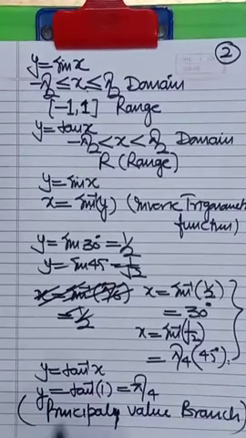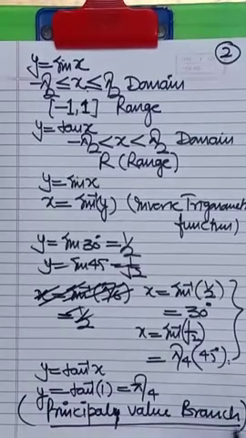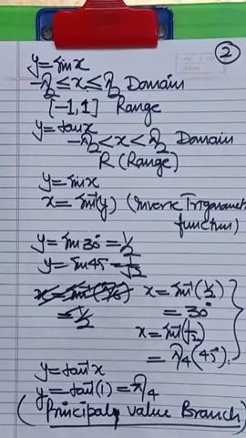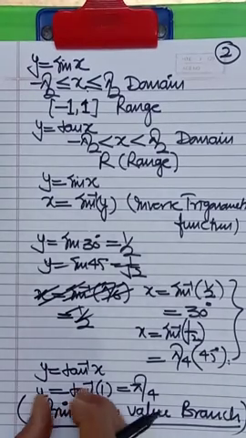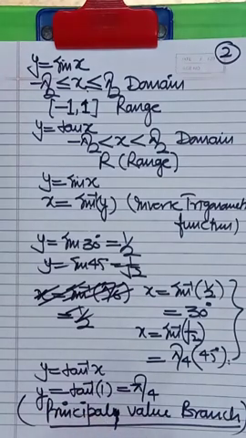The principal value branch is a set of restrictions which are imposed on inverse trigonometric functions. We are bound to put only these values in the case of inverse trigonometric functions to get the value.